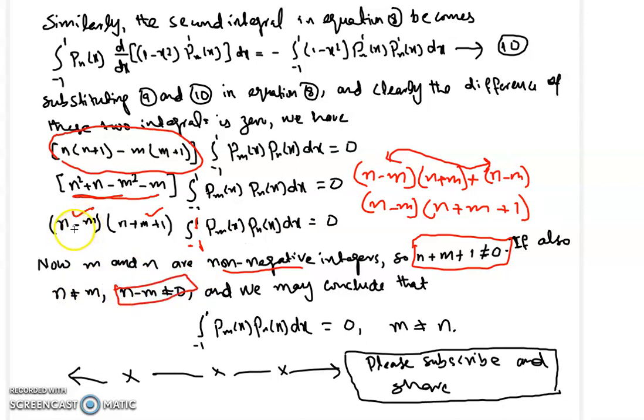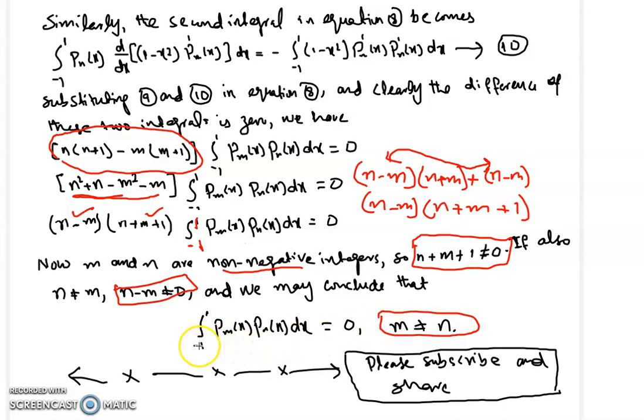So this term is also not equal to 0. So surely there is only one chance, that the value of this integral is 0. So we have concluded that the integral from -1 to 1 of Pm(x) Pn(x) dx equals 0, when m and n are not equal to each other.